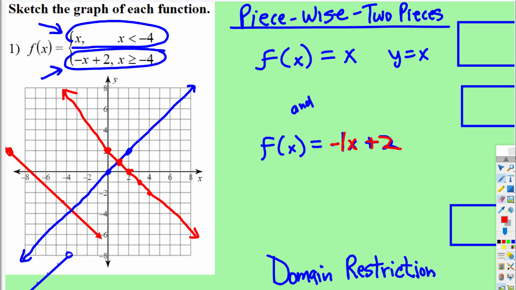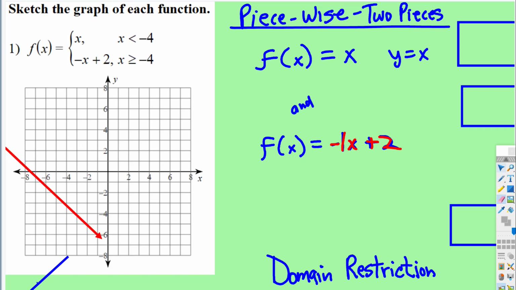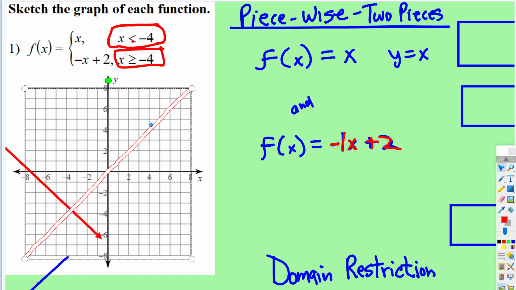Except that in piecewise functions, I'm going to go ahead and erase what I just did. In piecewise functions, the really important piece to understand, and for some of you that will end up taking calculus this ends up being very helpful information, is this tells us that we can only look at where the x values are negative 4 for this graph, for that original linear equation, the one that looked like this.